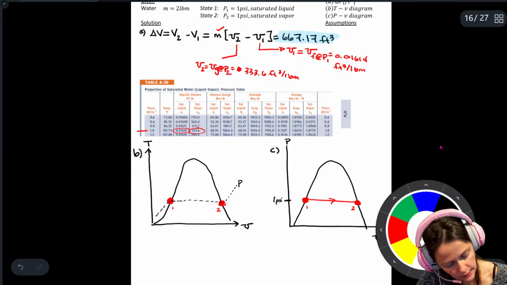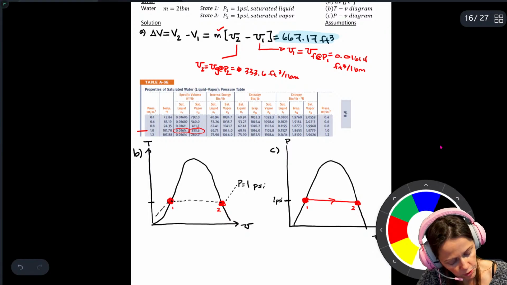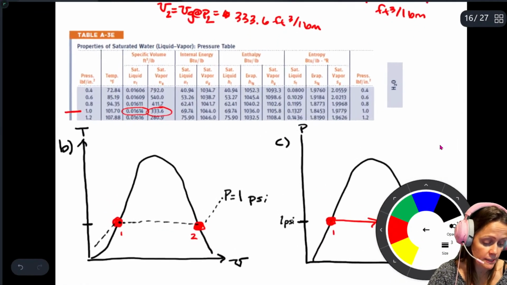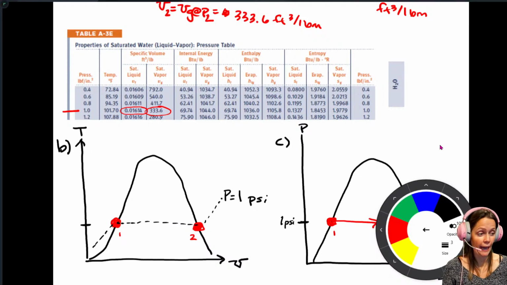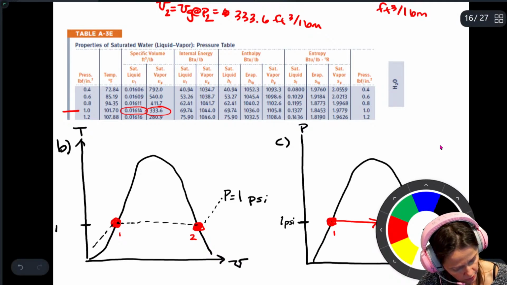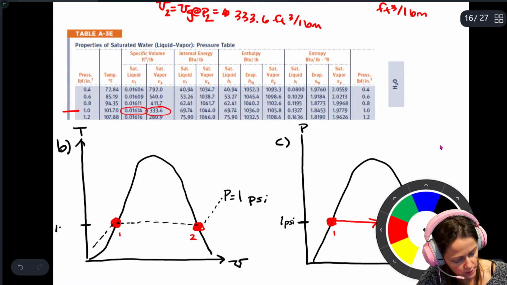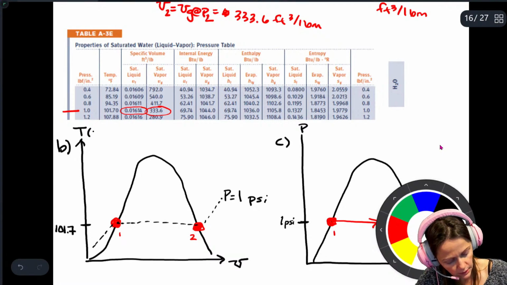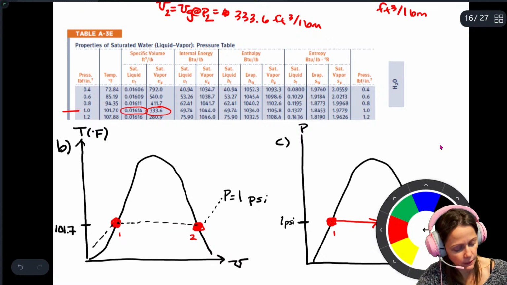So this guy is 1 psi, and this temperature right here is the only possible temperature that that water could be at and be saturated, whether it's a saturated liquid or a saturated vapor or some mixture of the two. It's going to be the saturation temperature, which on our table A3E is 101.7, and this is in degrees Fahrenheit.